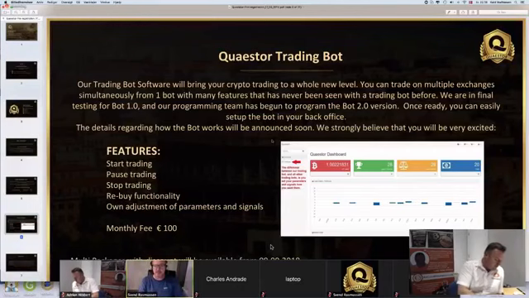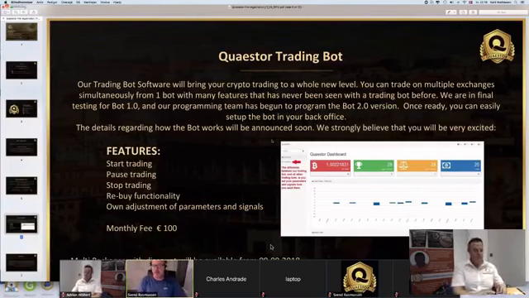As long as the coin price is going down, the bot doesn't do anything. It just waits until the market goes all the way back up again. That's the big difference between our bot and the others, because we've built in 2 different parameters, something called the rebuy functionality and something called the selling point or the selling mode.